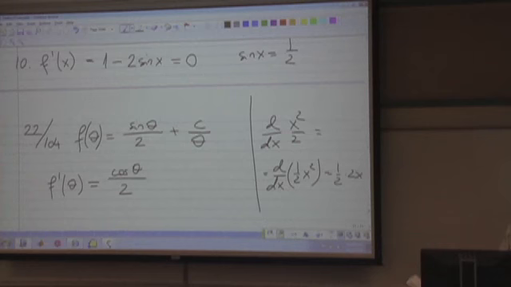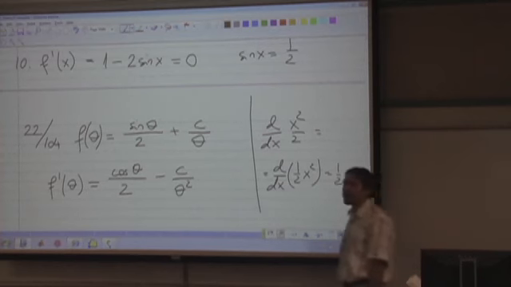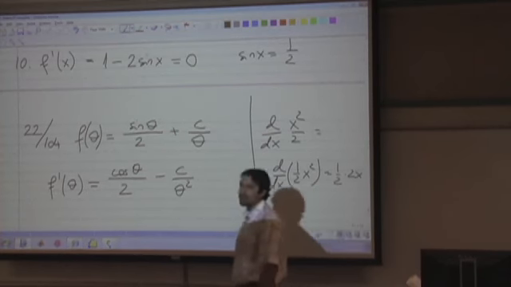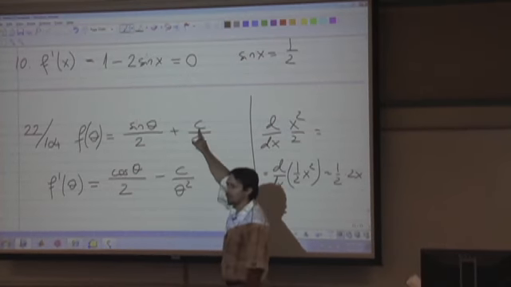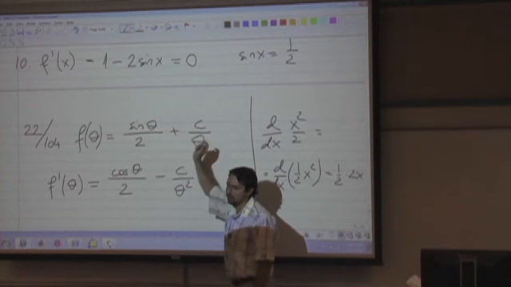Coming back here, what's the derivative of c over theta? Negative c over theta squared. Why? Because the derivative of 1 over x is negative 1 over x squared, right? C is a constant. It doesn't play any role.